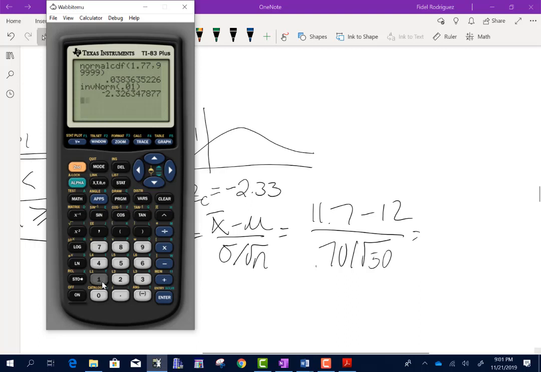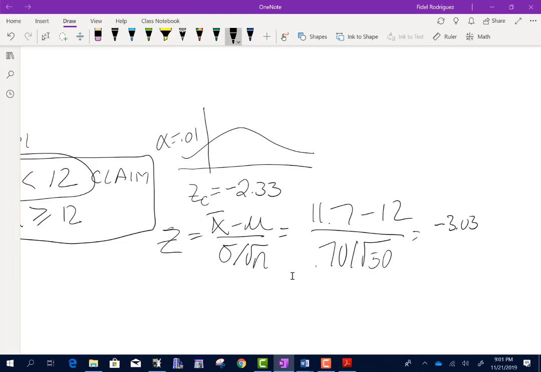So we're going to go 11.7 minus 12 equals negative 0.3 divided by, I'm going to put this in parentheses, guys, 0.70 divided by the square root of 50. And let's see, I'm coming up here with a negative 3.03.